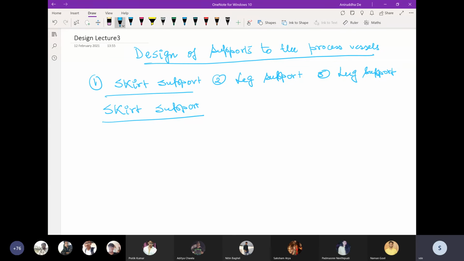Skirt support is basically like a cylindrical skirt that is bolted on the ground, and then the whole vessel will be resting on it. In most cases it is welded with the skirt. So it will be something like this.